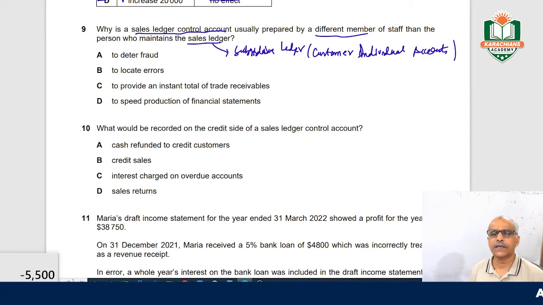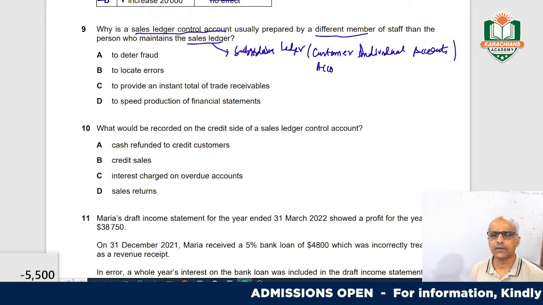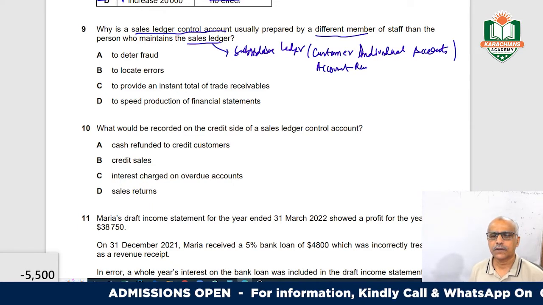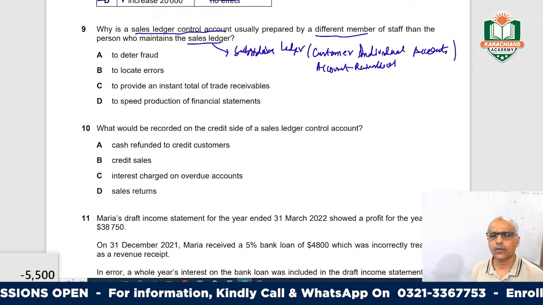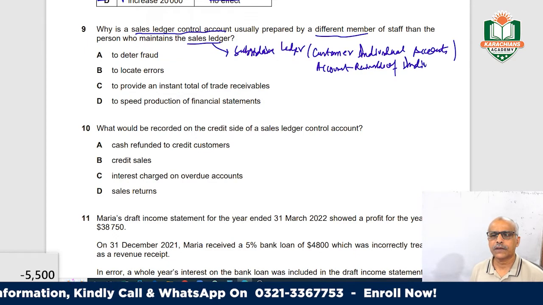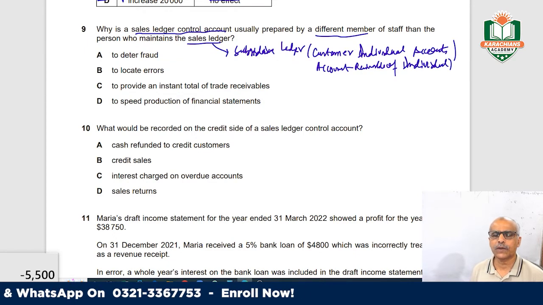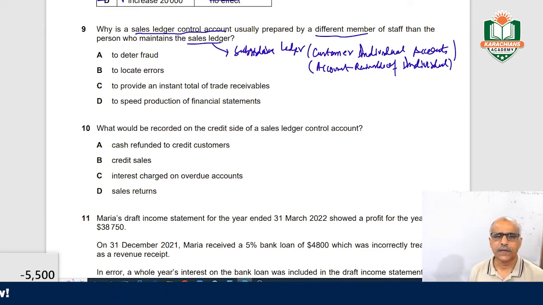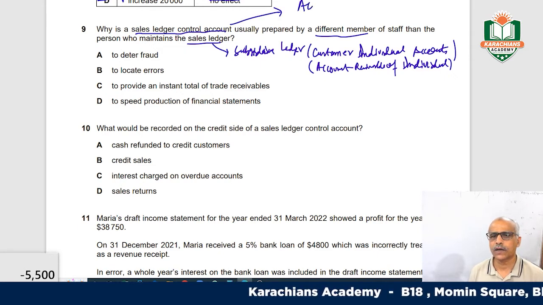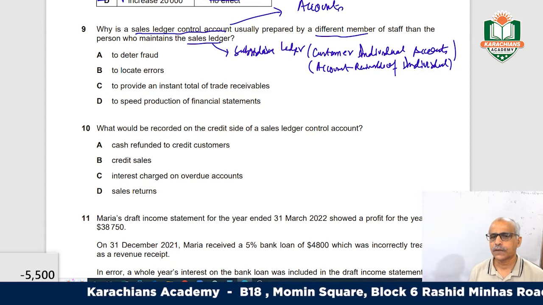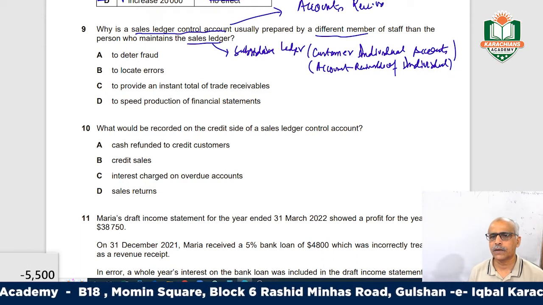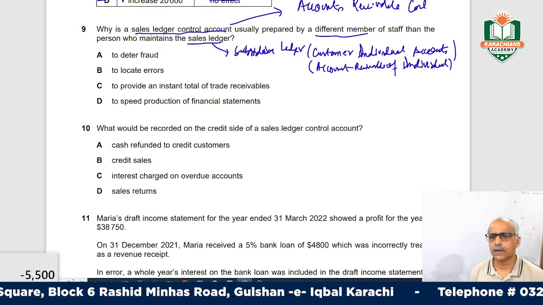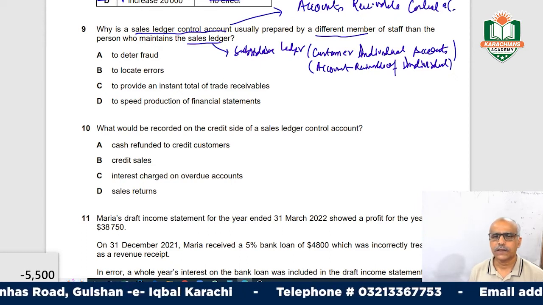This is an individual customers' account, or you can say the accounts receivable, how much is receivable from individual people. This is maintained in the subsidiary ledger. But in the general ledger, we maintain one account, which is called the accounts receivable control account.